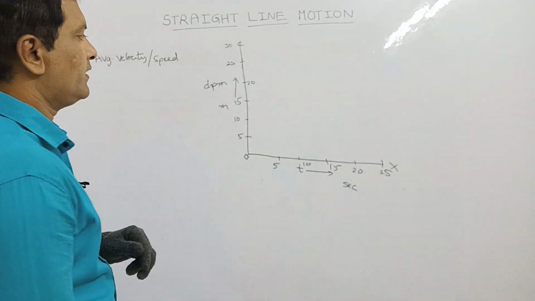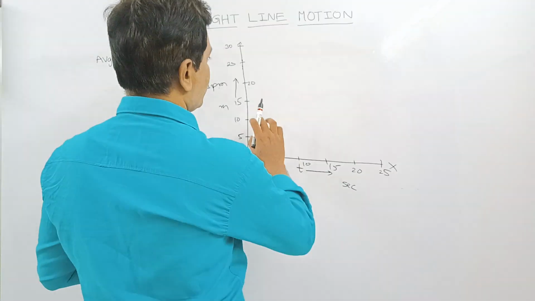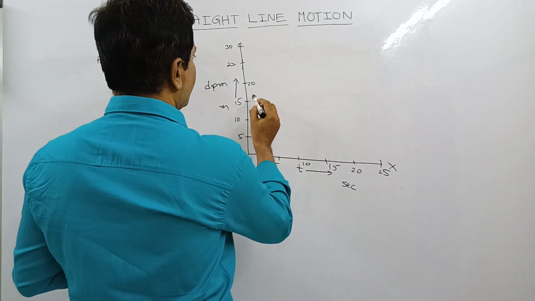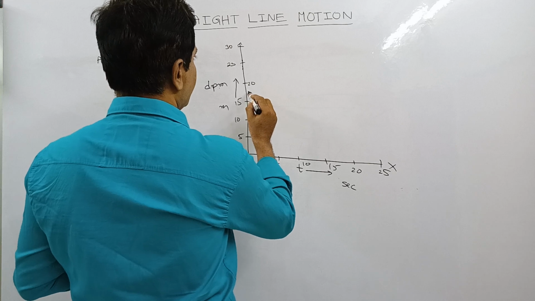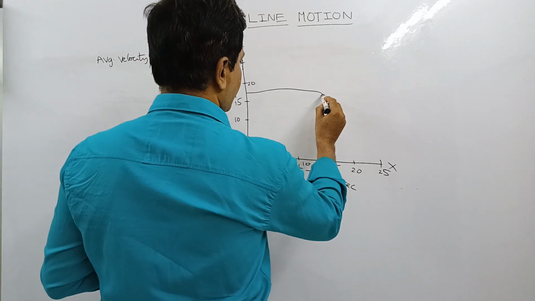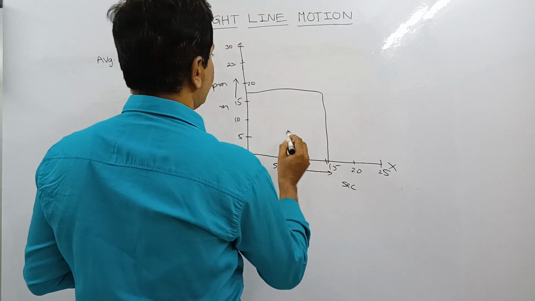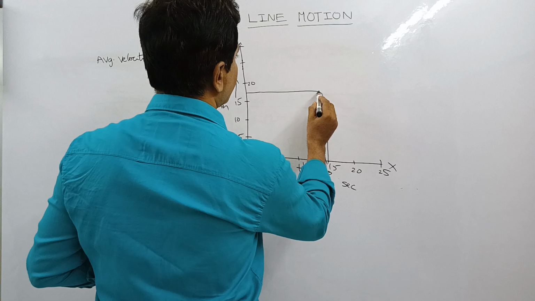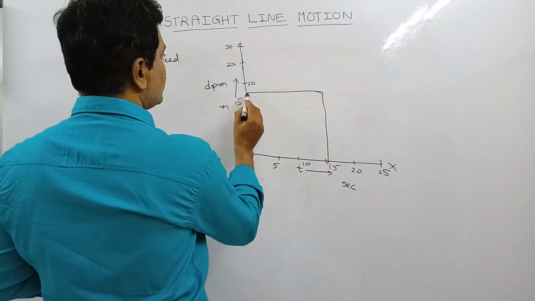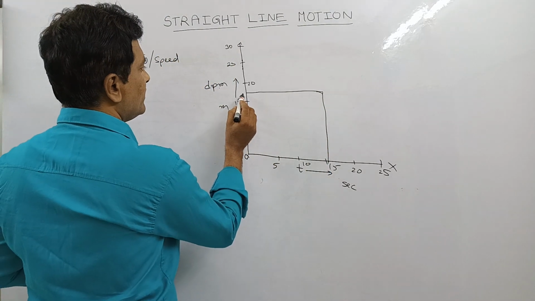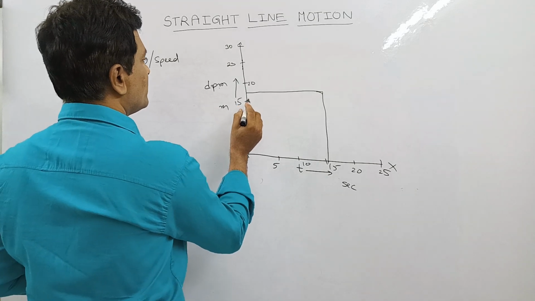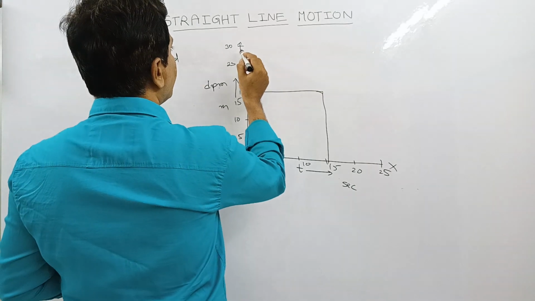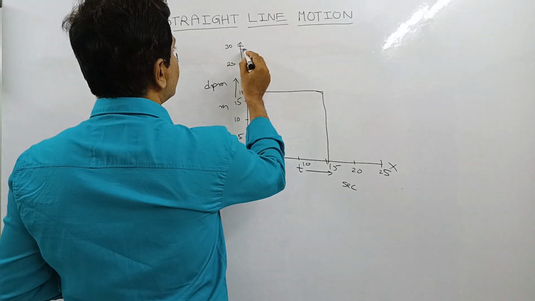So here I will show you one graph, by which we will calculate the average velocity. Okay, here this is 15. This is exactly a straight line. And here between 15 and 20, I will take this as, suppose, 18.